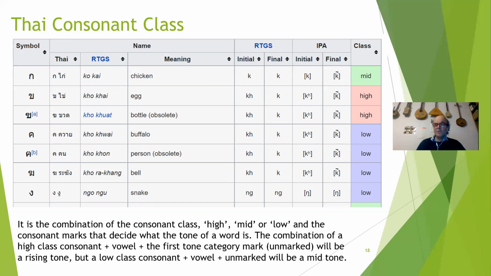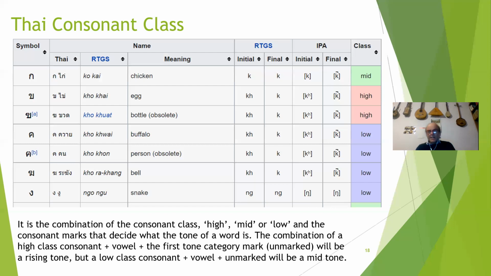So to distinguish them, we can't just talk about ko on a rising tone because there's 2 of those, ko kai and ko kuat. And we can't just talk about ko on a mid-tone because there's 3 of those, ko kwai, buffalo, ko kon, person, and ko rakhang, a bell. We can't just talk about ko and ko, we have to give them names. So this is what the Thais have done. Every single letter has a name.